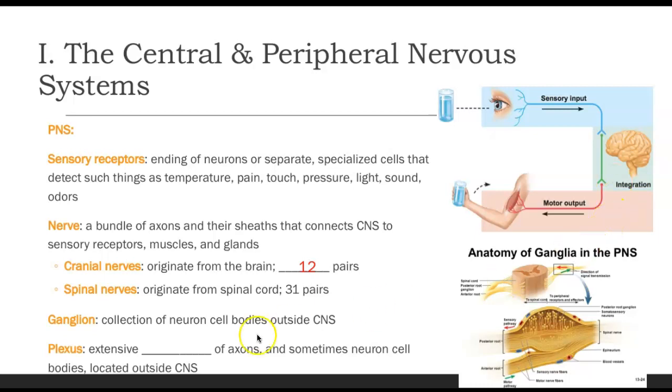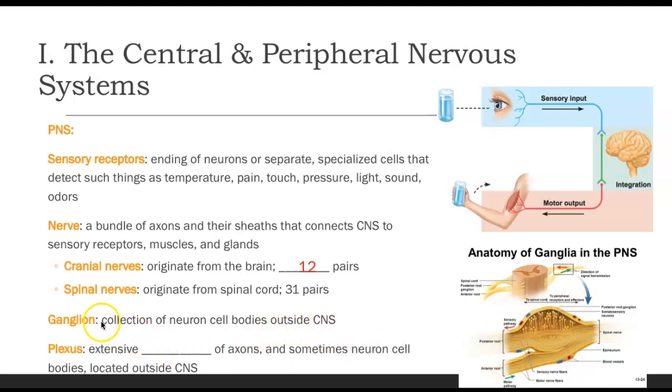And then we have these two special terms over here specific for the peripheral nervous system. So first one is a ganglion. This is going to be, and it's pictured here, a collection of neuron cell bodies outside the central nervous system, or you could say inside the peripheral nervous system.